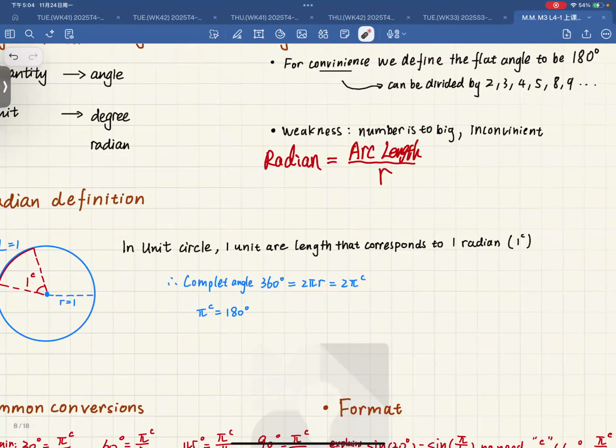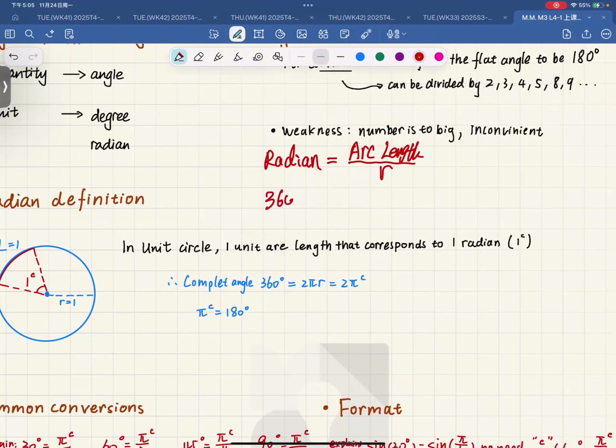Circumference is the length of the circle. So it's 360 degrees.